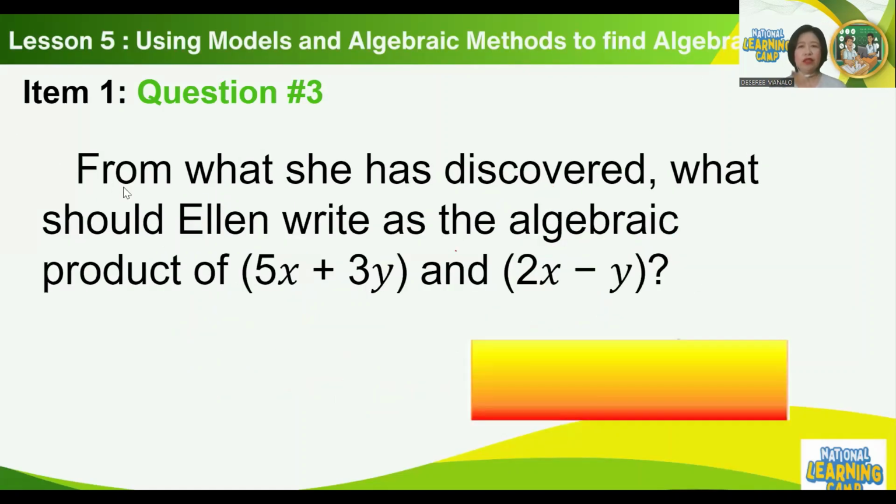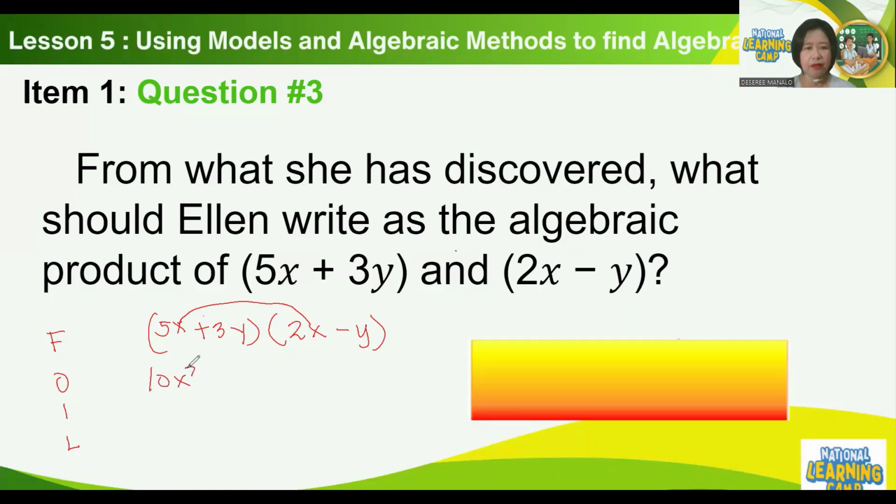For item 1, question number 3: from what she has discovered, what should Ellen write as the algebraic product of the quantity 5x plus 3y and the quantity 2x minus y? To solve this, given 5x plus 3y times 2x minus y, again use the FOIL method. First terms, we have 5x times 2x, so 10x squared.